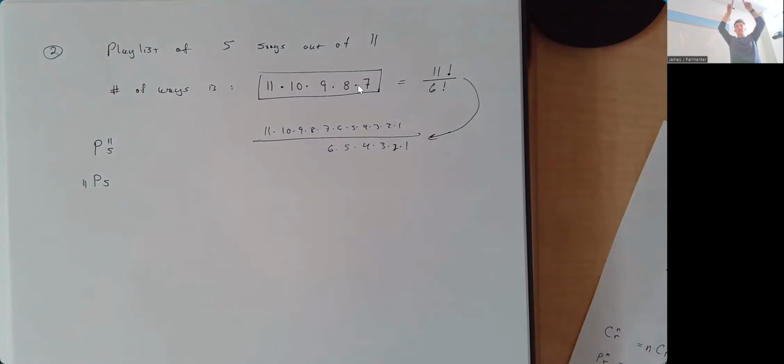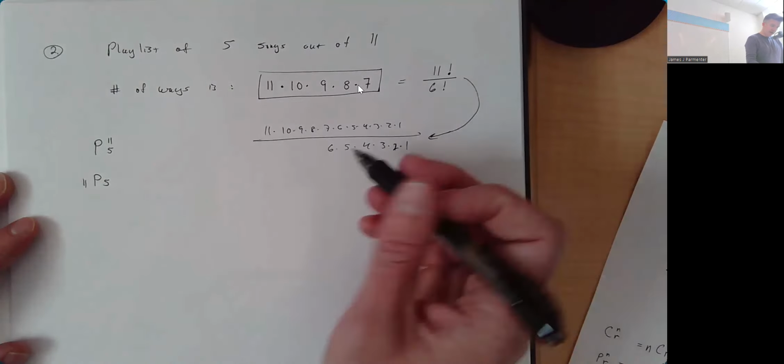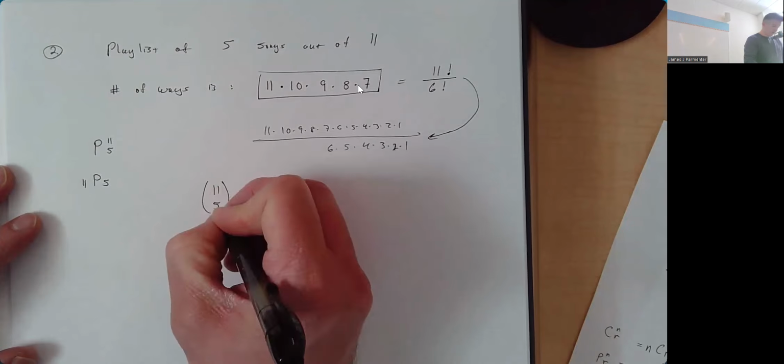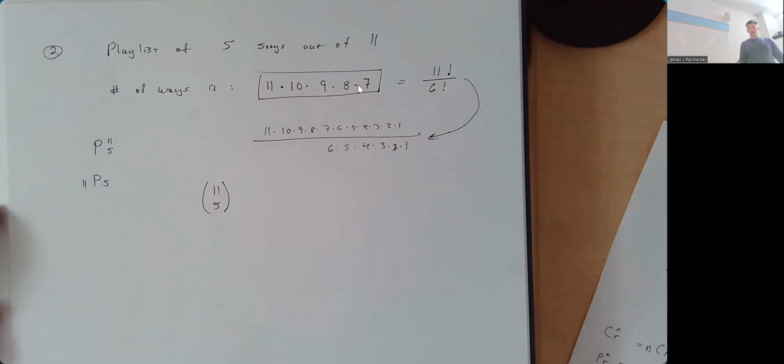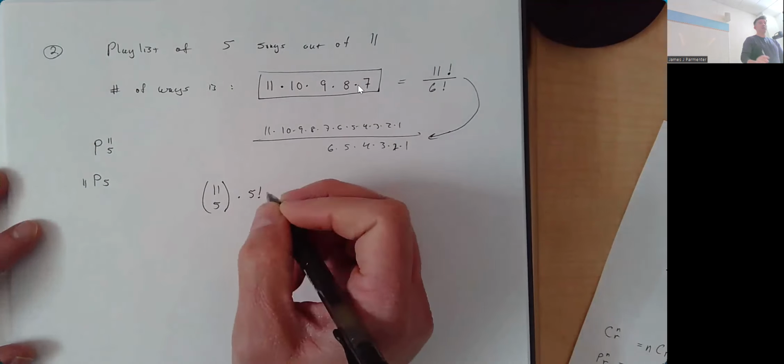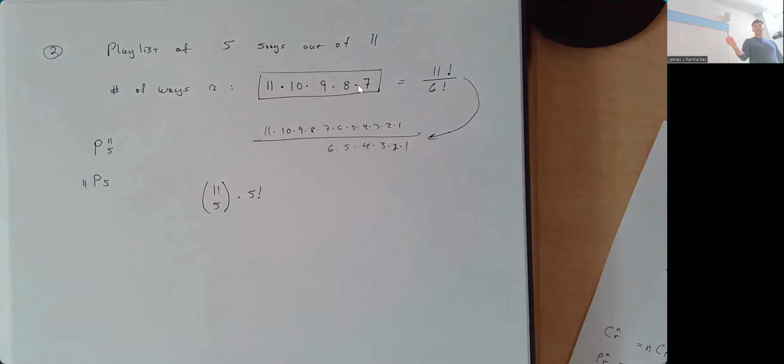The tall parentheses notation is specifically for the choose function, meaning order doesn't matter. You could, if you wanted to, also write this as 11 choose 5, which means order doesn't matter, and then multiply it by 5 factorial to reorder all 5 of the things we have picked.